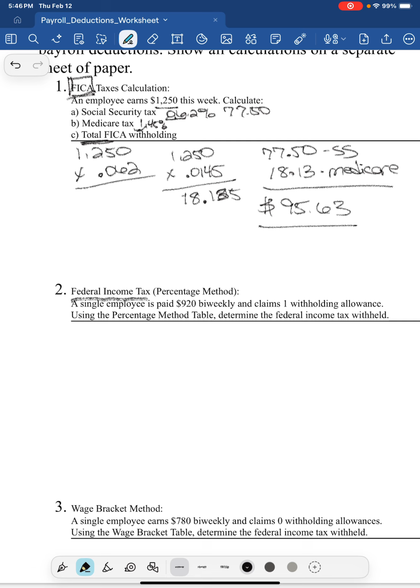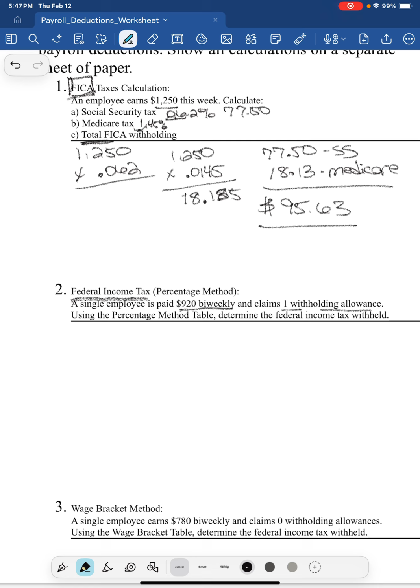And they have charts that help them understand how much tax to hold out. This says a single employee is paid $900 biweekly and claims one withholding allowance. The chart that's loaded in your module is a biweekly chart. They may have charts for every different kind of payroll, but I've stuck with the biweekly because that's the chart that I gave you an example from.